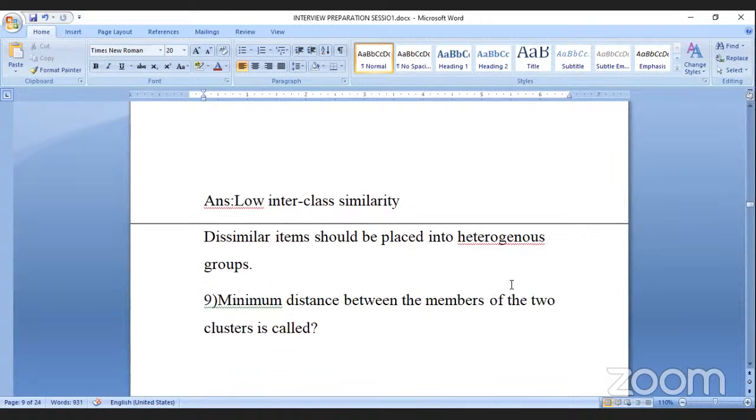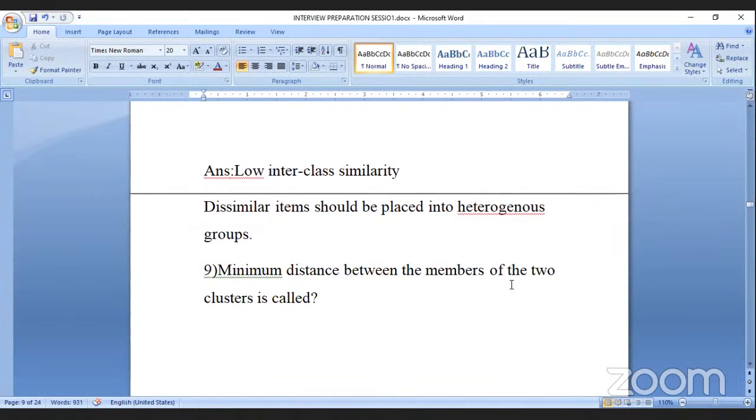So the next question is, the minimum distance between the members of two clusters is called what? What is this actually called? Any answers, friends?